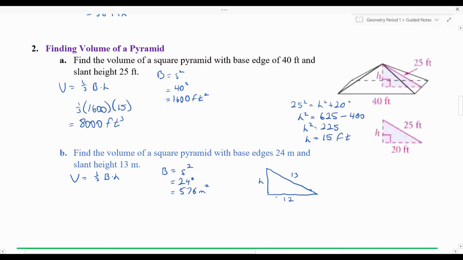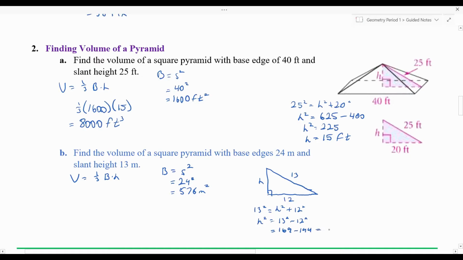And then I will use the Pythagorean theorem because this is a right triangle. The Pythagorean theorem states 13 squared equals h squared plus 12 squared. Now that I have that, I'll rework this equation so it looks like h squared equals 13 squared minus 12 squared. 13 squared is 169 minus 144, right?